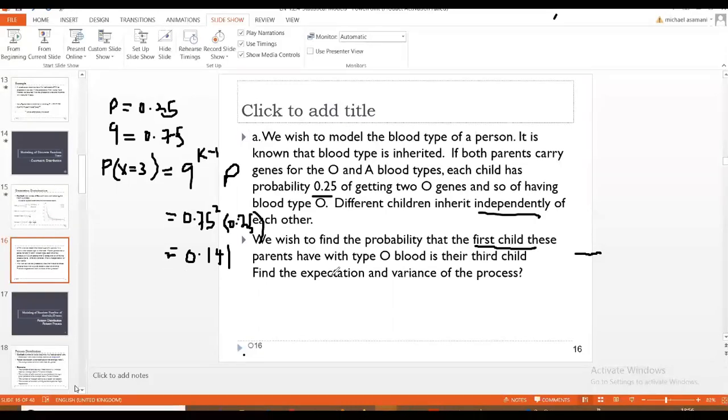Okay. Then if you want the expectation, like we know, the formula is 1 over P. So you just make use of that.